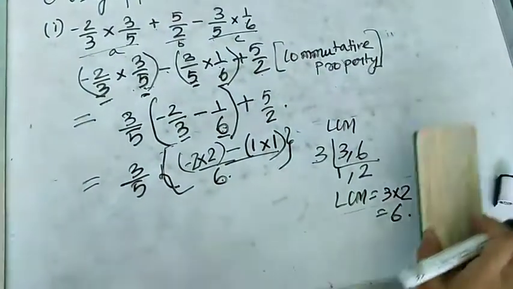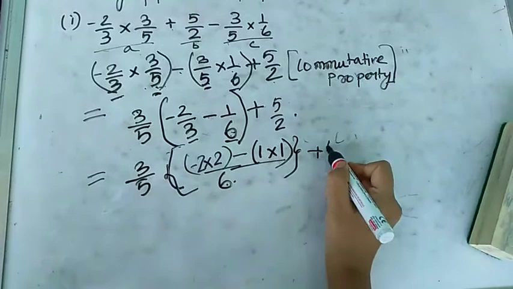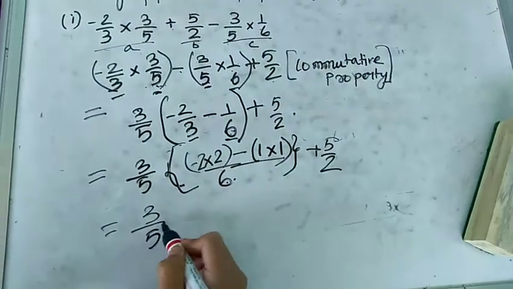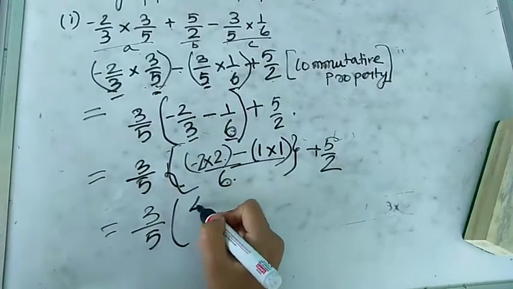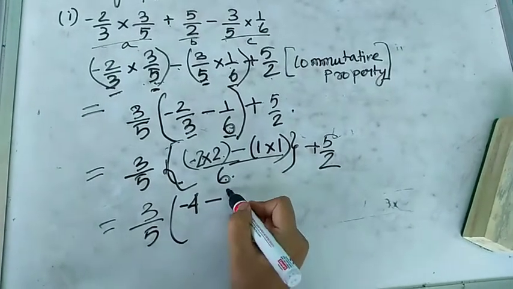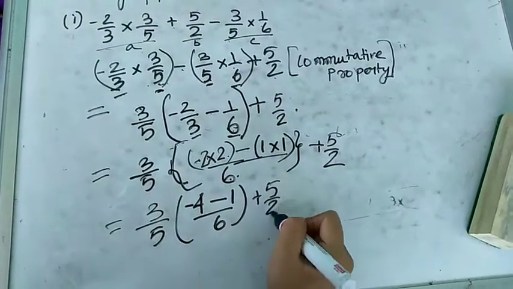Plus 5 by 2. So that is equal to 3 by 5 into minus 2 into 2 is minus 4. Since there is a minus minus, it is minus 1 divided by 6 plus 5 by 2.